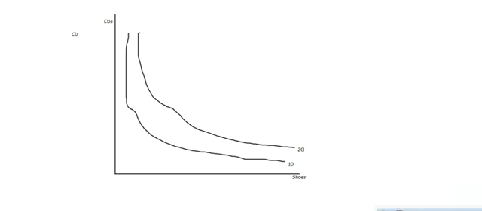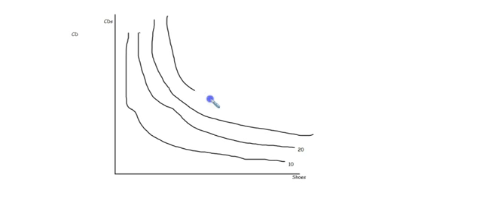As I get further and further away from the origin, I move in this direction, there are many different indifference curves in here. And the further I get in the northeasterly direction away from the origin, the higher the utility I receive from these indifference curves.